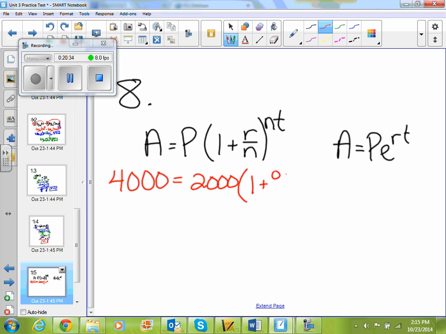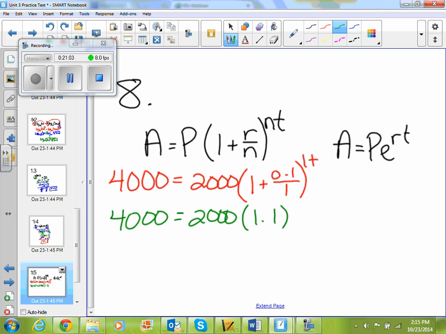My interest rate is 0.1 over the number of times it's compounded annually. It's compounded once per year. And I'm looking for my time. Okay, so if I go to simplify that, 1 plus 0.1 divided by 1 is just 1.1 to the t.